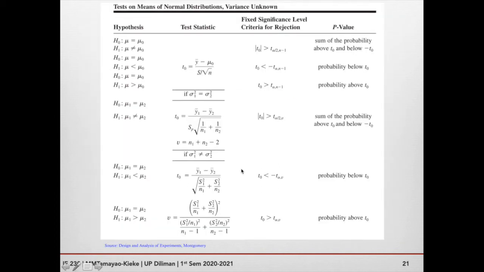All right. So for tests on means of normal distribution where the variance is unknown, as you can see here, we use the t-distribution, right? Now, this is the case for sigma 1 equal to sigma 2. And of course, when you have unknown variance and you cannot assume that they are equal, then you use this.